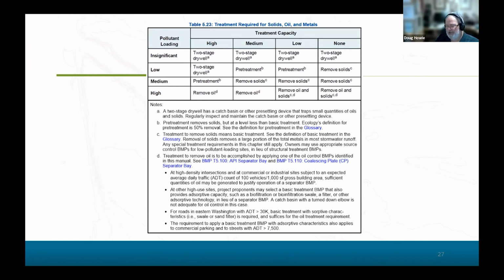But the jurisdiction has to decide what their definition of all runoff is, to determine whether the proponents for new and redevelopment can go through the UIC process or the permit process. If they're going through the UIC process, there's no regulatory threshold of 1 acre. Going through the permit process, there is that regulatory threshold. So there are decisions that have to be made up front in the process from a regulatory perspective.